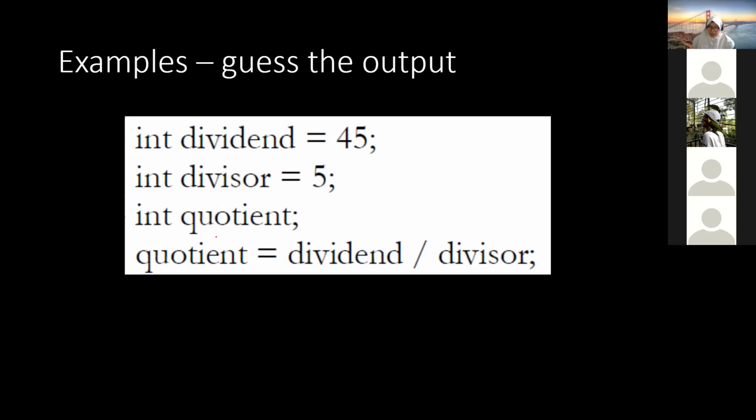Okay, why is it 0? The thing is, 45 divided by 5 is 9. But if you say 5 divided by 45, that is 1 over 9. So what is the value of 1 over 9 in terms of decimal point?